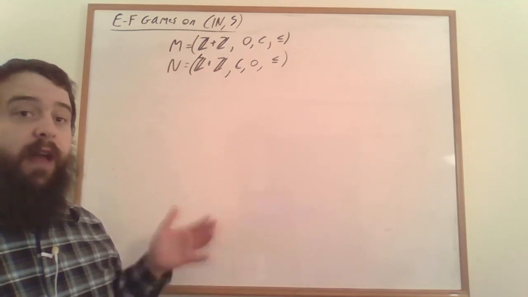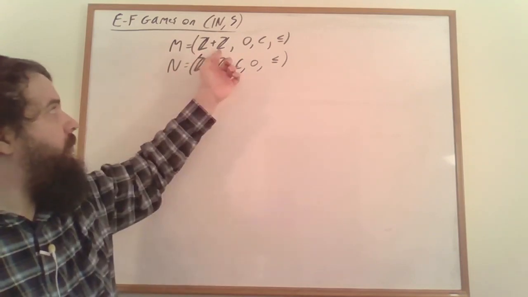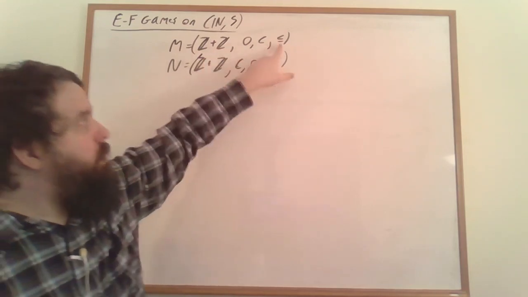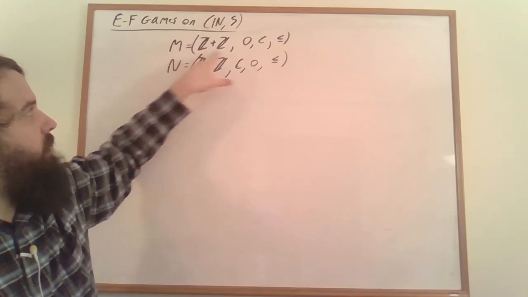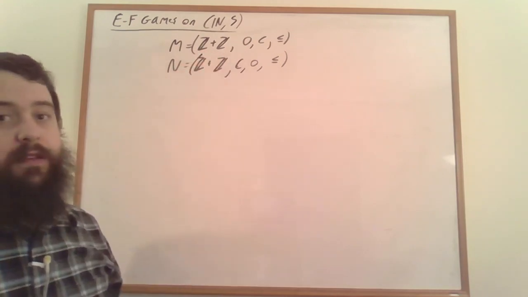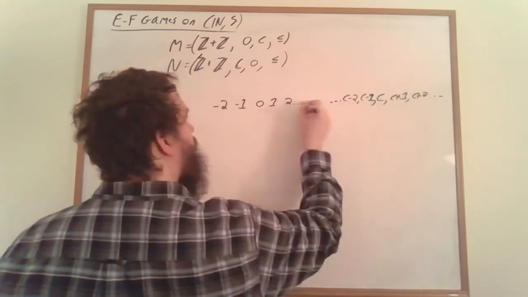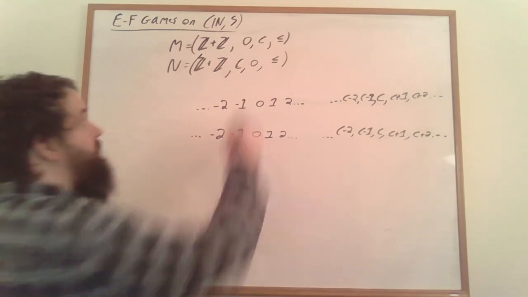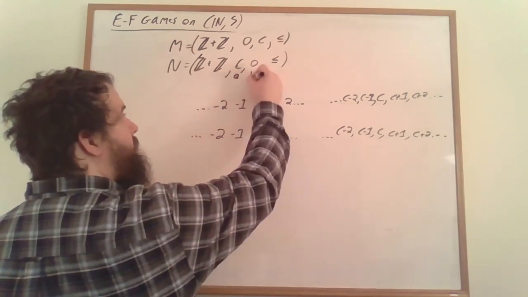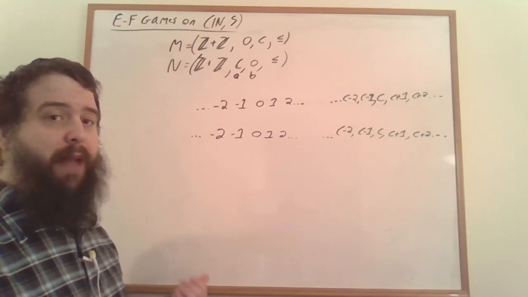Let's suppose now that we're playing an Ehrenfeucht-Fraïssé game on the integers followed by a copy of the integers as an ordering with distinguished elements for the central point of each of these copies of the integers. Let's think of these constants as A and B. Again, we want to imagine these constants as already being matched up.